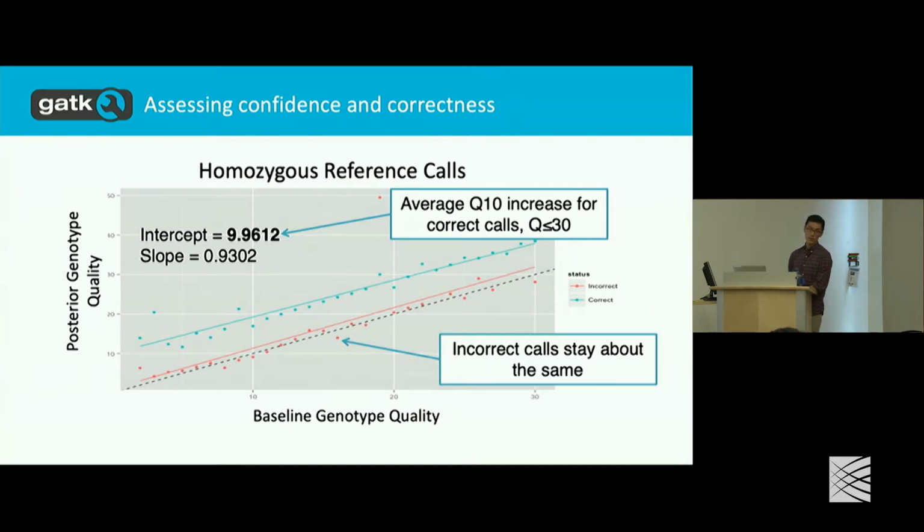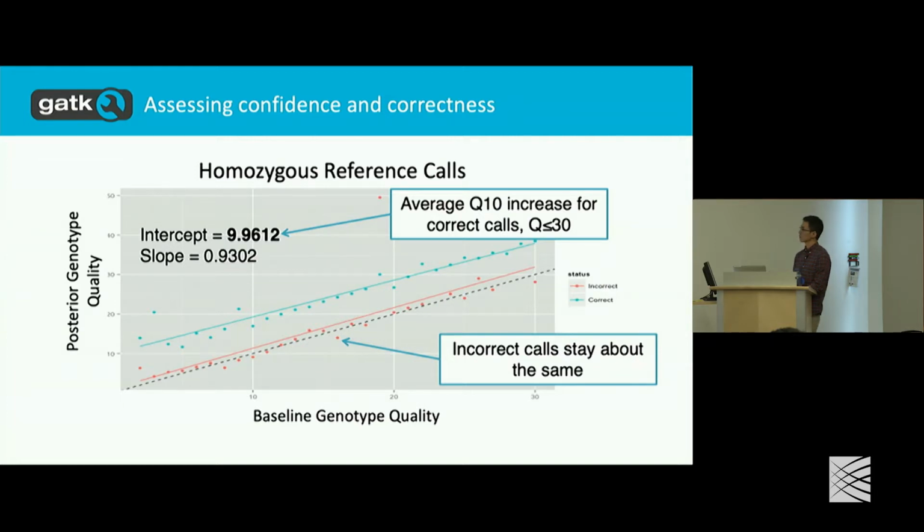So it's doing no harm, giving no more confidence to the already bad calls. But we're boosting the probabilities of the genotypes that were actually correct but that we weren't confident about, by a quality score of 10. So it improves the probability by a factor of 10.